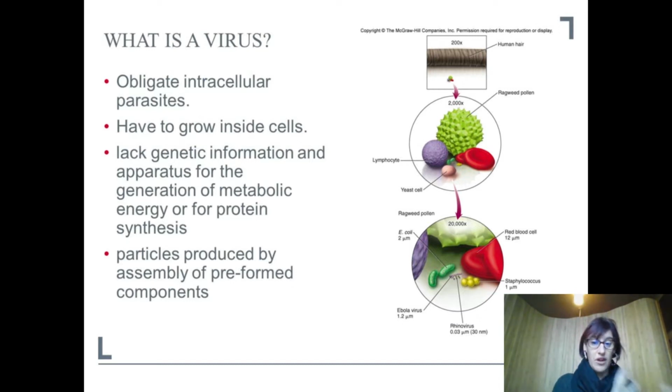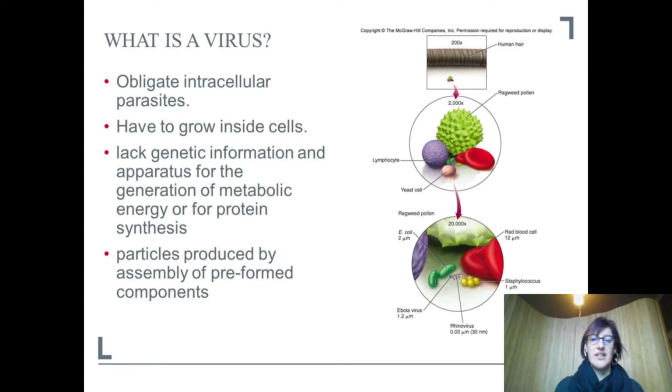Ebola is one of the larger viruses, at 1.2 micrometers in size, or rhinovirus, which is a much smaller virus, typically 30 nanometers in size. So when we're talking about viruses, we're talking about things that are much, much smaller than our cells and even smaller than bacteria. What's important to understand about viruses is they have to grow inside a cell.